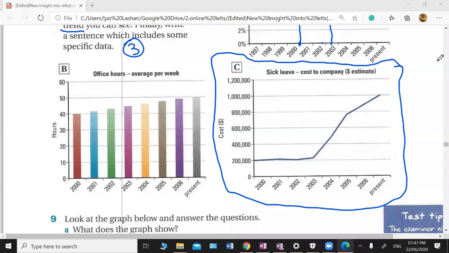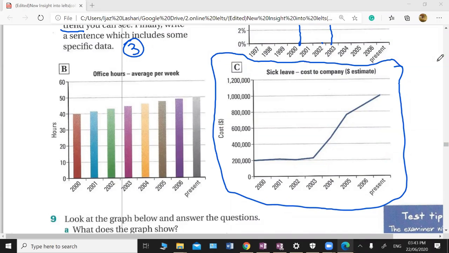Then you can explain year by year: from 2002 to 2003 it was quite stable, about 200,000 all these years. But from 2003 to 2005, it jumped to 800,000.